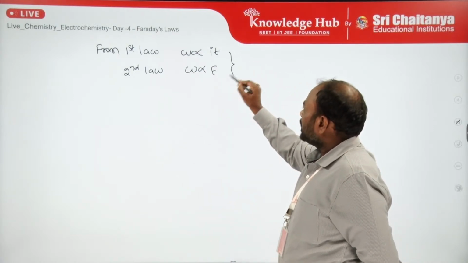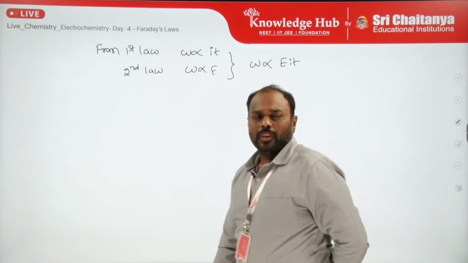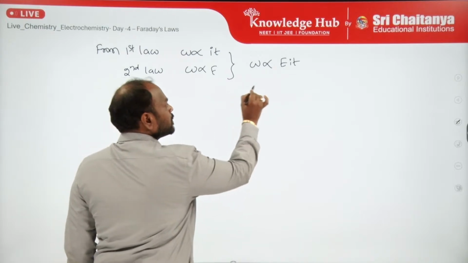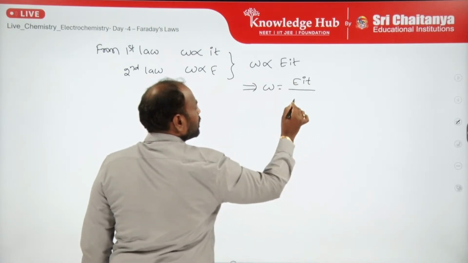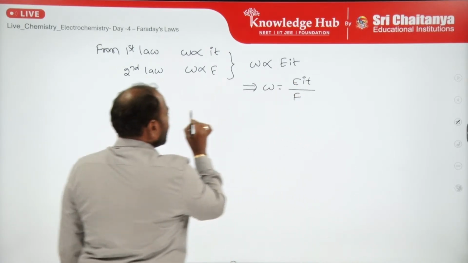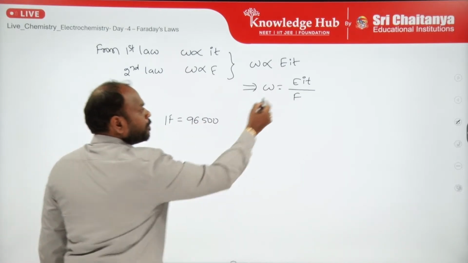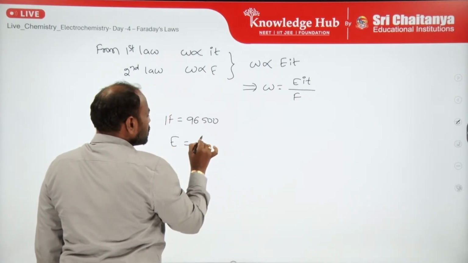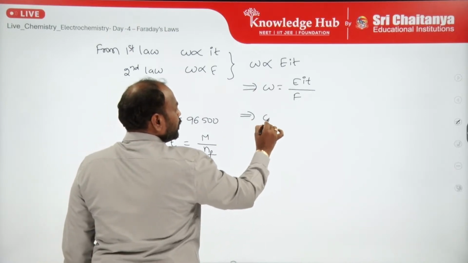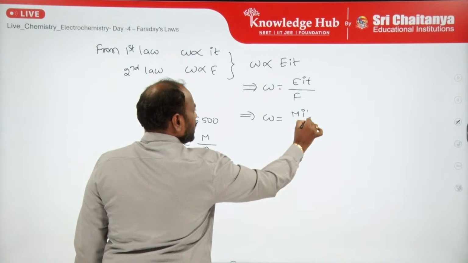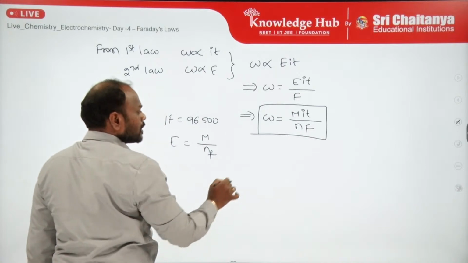So by combining these, W is directly proportional to E into I into T. We get one proportionality constant, that is W is equal to EIT by Faraday. But 1 Faraday is equal to 96,500. And equivalent weight is equal to molecular weight by N factor. So W is equal to MIT by N into F. N is the number of electrons involved.